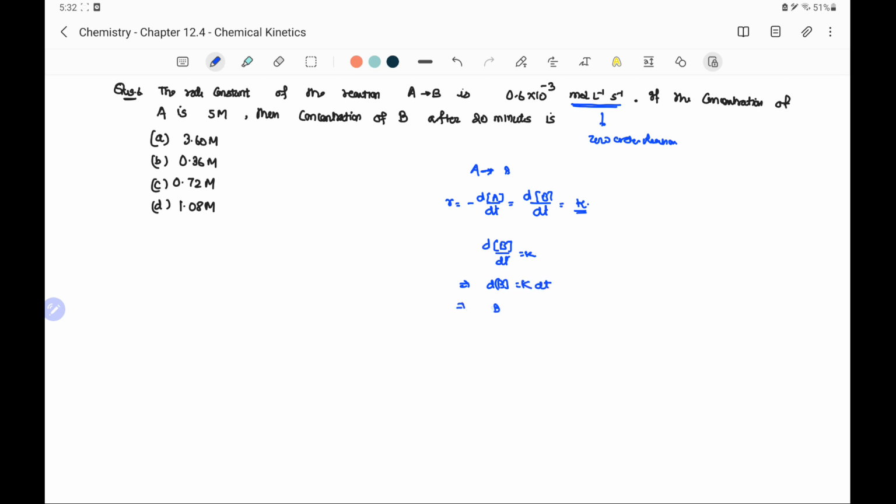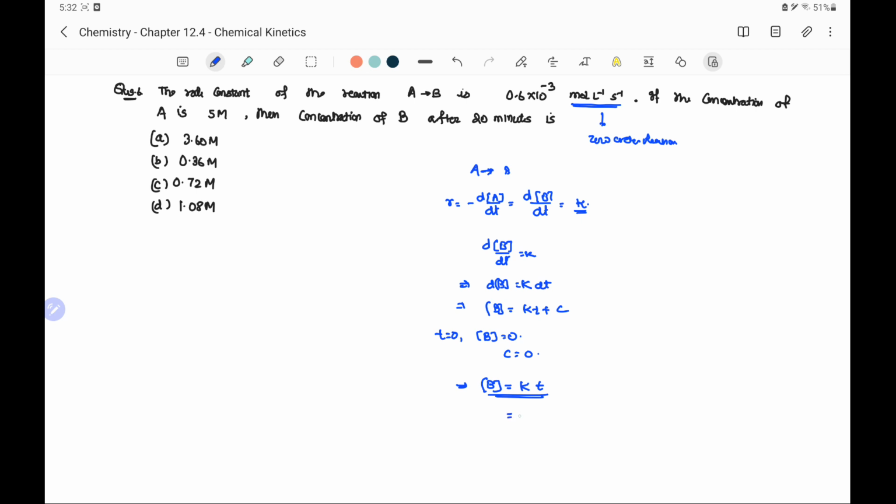On integrating, we will have B equal to Kt plus C, where C is the constant of integration, and using the initial condition that at time t equal to 0 the concentration of the product will be 0, hence C will be 0. Therefore, we will have the expression B equal to Kt. This is the concentration of the product B at the time t.